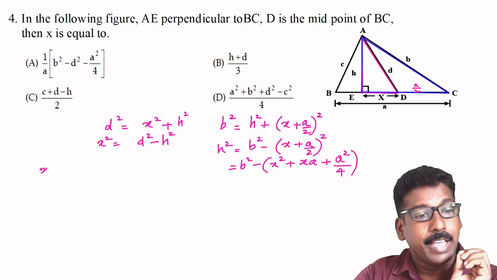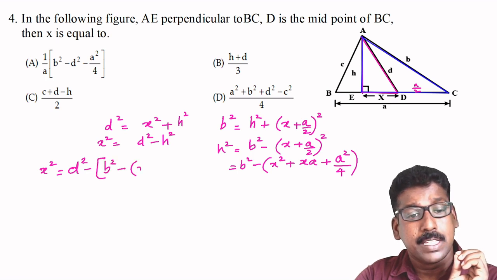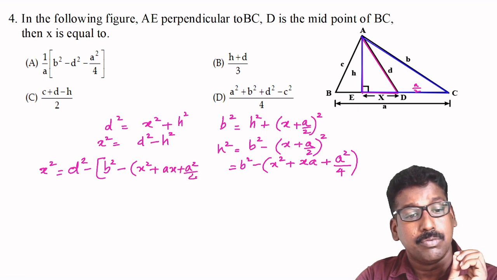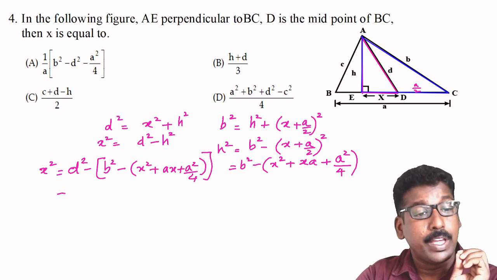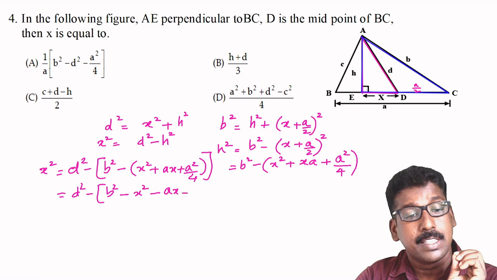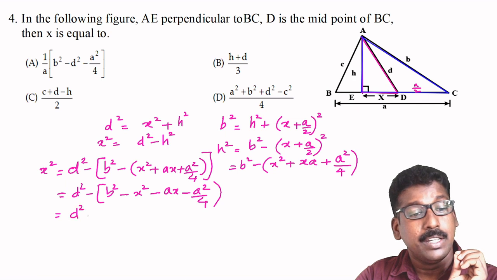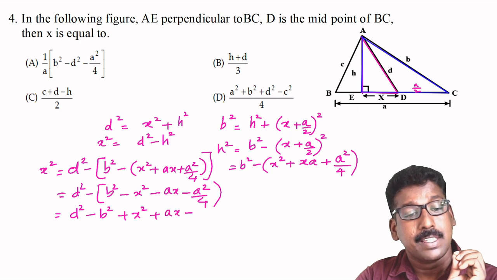So you can write x square is equal to d square minus h square, that is d square minus b square plus x square plus ax plus a square by 4.